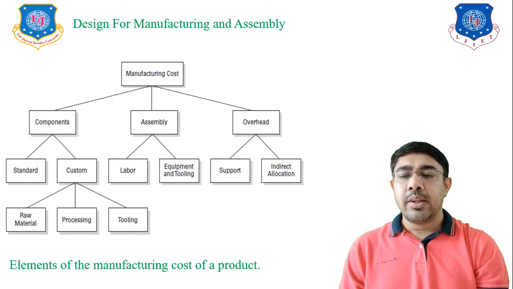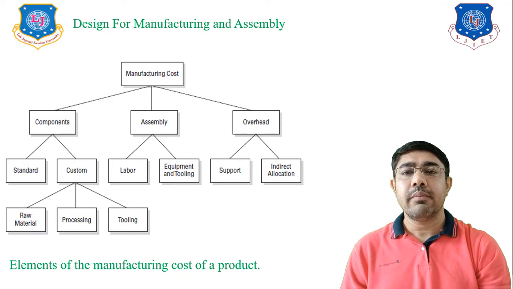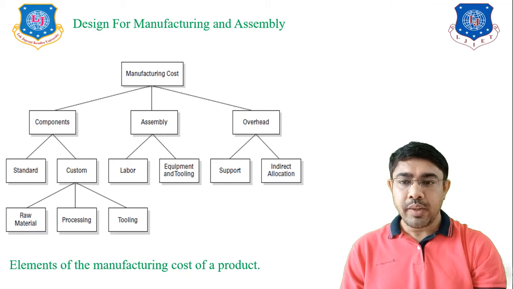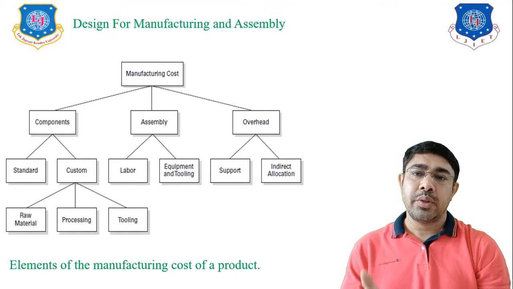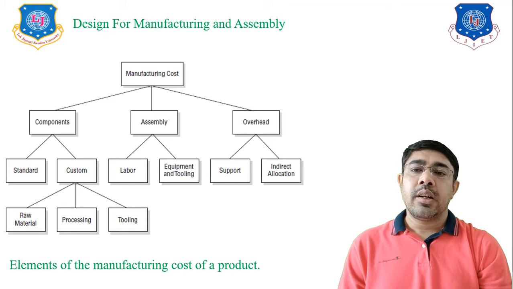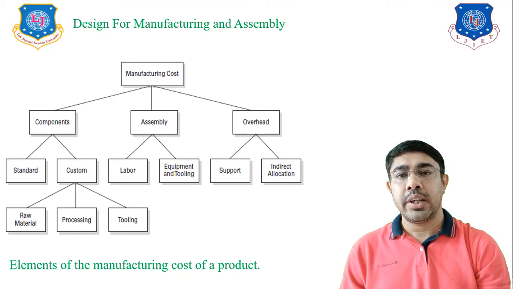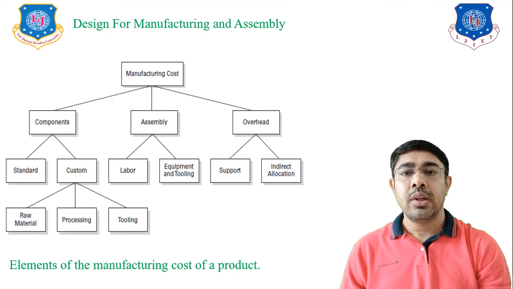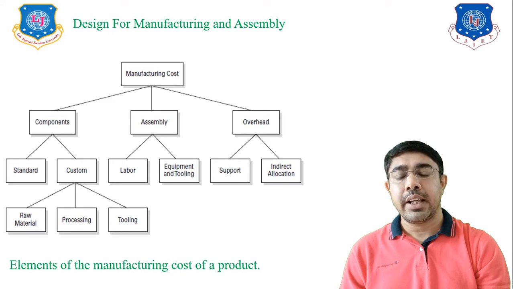These are the manufacturing cost elements, and our aim is to reduce the manufacturing cost as well as the assembly cost. So what guidelines do we have to follow to reduce the manufacturing cost and also to fabricate any product easily?